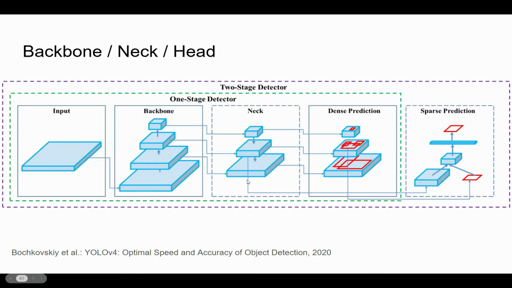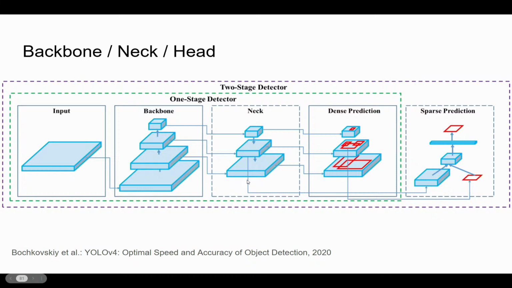And the neck tries to aggregate the information from the backbone. It could be as simple as the UNet, which just goes in one direction, just concatenation, but there are more interesting architectures which feed the information down, up, down, several times, for example.